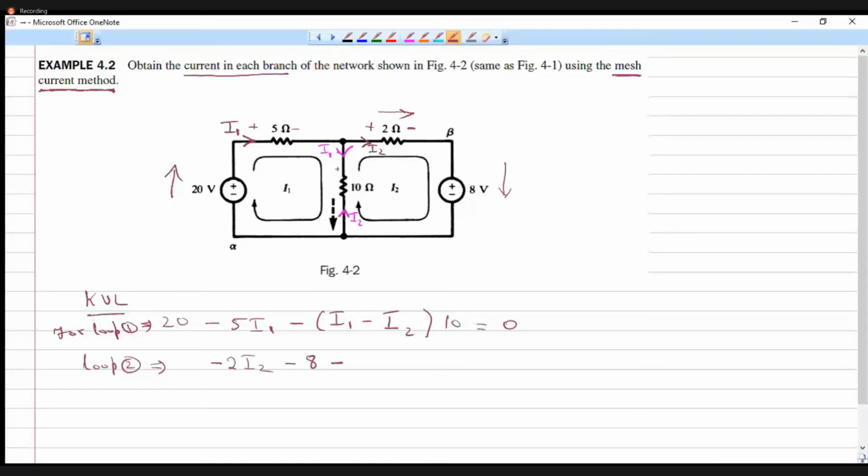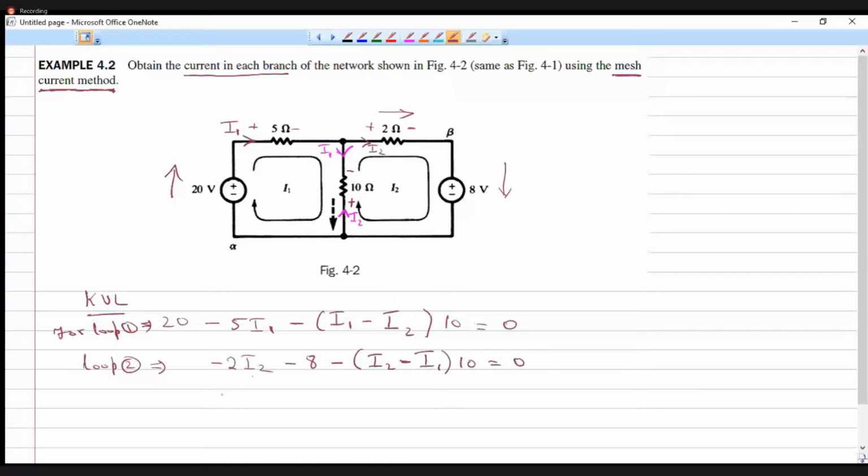Now we are traversing in this manner, from bottom to top, so I will have polarity mark like this. So I have to put minus 10 into, what comes inside the bracket? I2. Now I am traveling in the direction of I2, so I2 has become positive, whereas I1 is in the opposite direction. So I2 minus I1 into 10 is equal to 0.